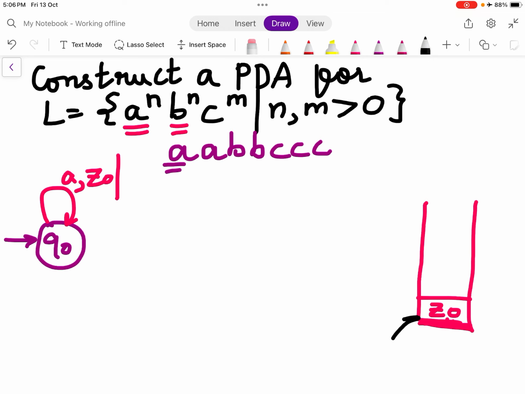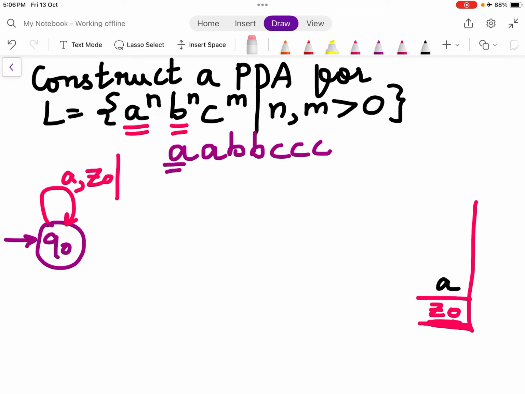Assume that you are removing this Z0 for some time, because that is what the PDA is doing. Remove the Z0 from the stack and push A, Z0 together inside the stack. So you get A, Z0.